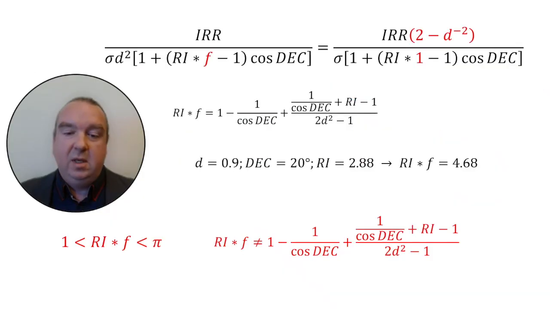As you can see, this is not going to be good, because there are some situations when the rotational index multiplied with the f function is going to be higher than pi. So the f function alone is not enough to produce these numbers.